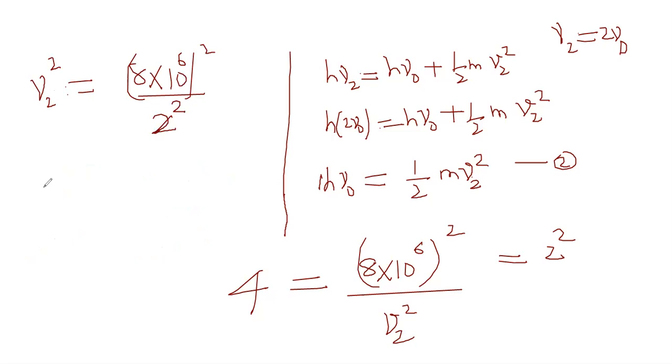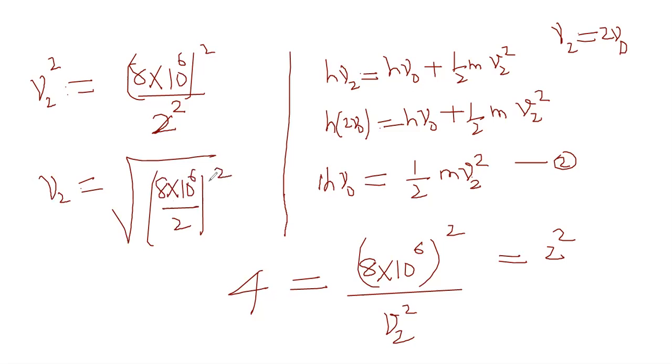Yeah, that's what I'm going to do. V2 equals root of squares. Root of squares will be the same number without the square. 8 into 10 power 6 by 2, whole square. Now you can cancel these two.